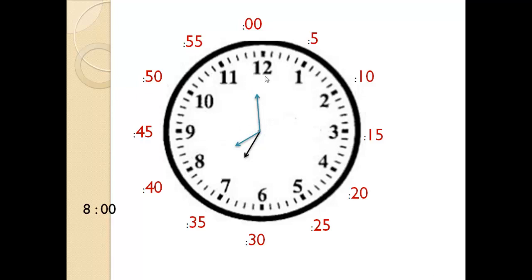Now I am in the region of 9. 9:05, 9:10, 9:15, 9:20, 9:25, 9:30, 9:35, 9:40, 9:45, 9:50, 9:55, 10, and so on. Understand? I hope that we will complete.